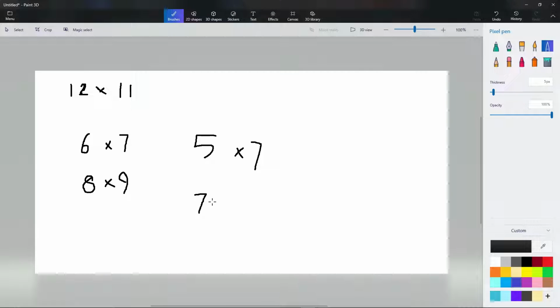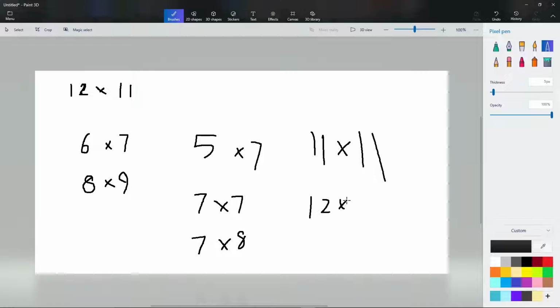Do 7 times 7. 7 times 8. 11 times 11. 12 times 12, and that's about it. That's all you guys are going to be doing. Alright, so let me know what your results are.